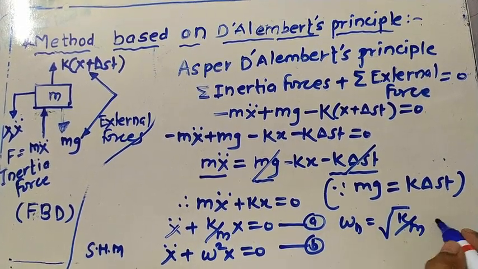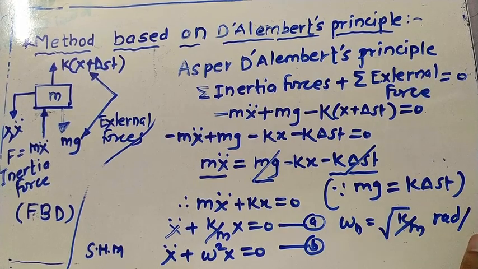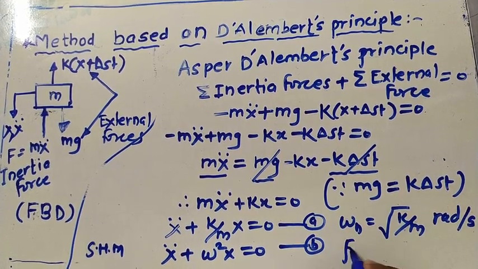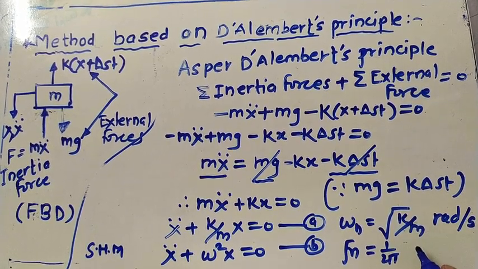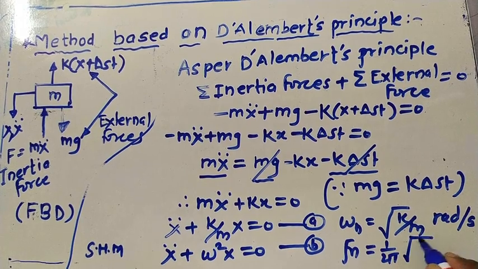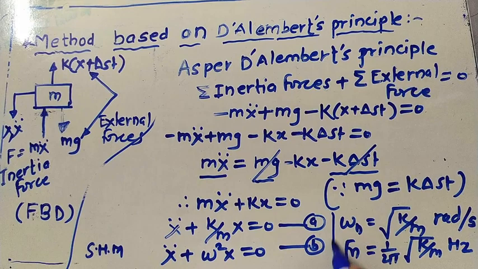This square root of k by m is the circular frequency of the given system, and we can get the frequency in hertz by this relation. Comparing this with the earlier result, we get the same result.